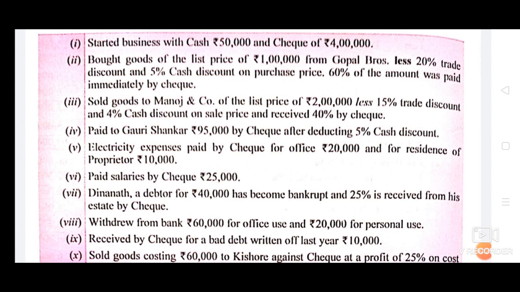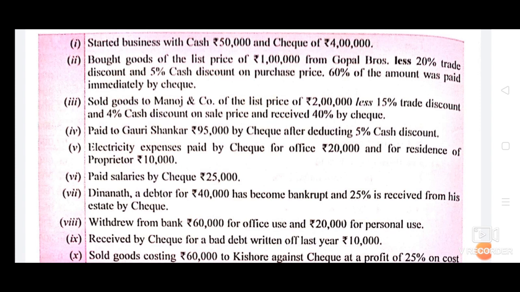Fifth, electricity expenses paid by cheque for office rupees 20,000 and for residence of the proprietor rupees 10,000. Next, paid salary by cheque rupees 25,000.